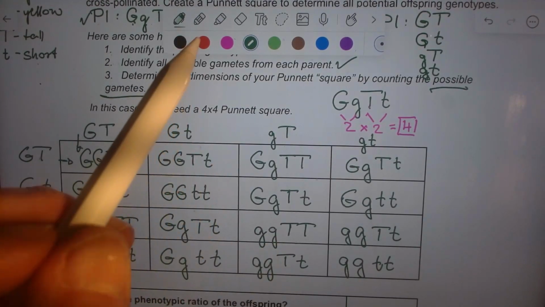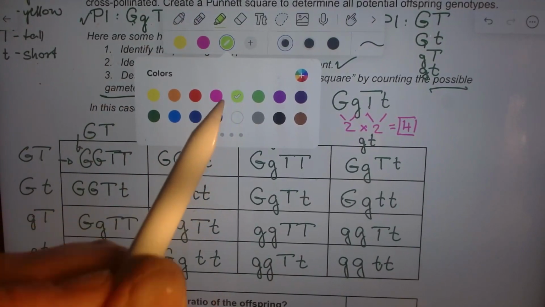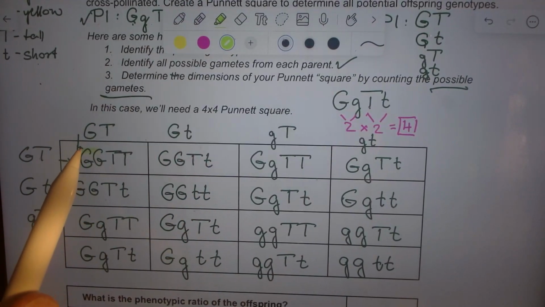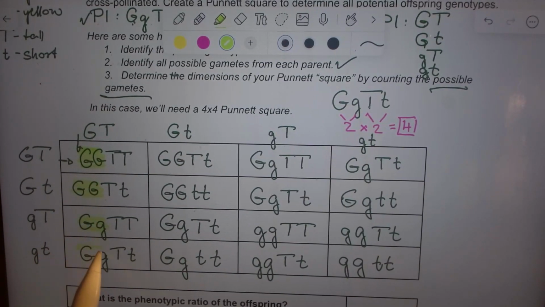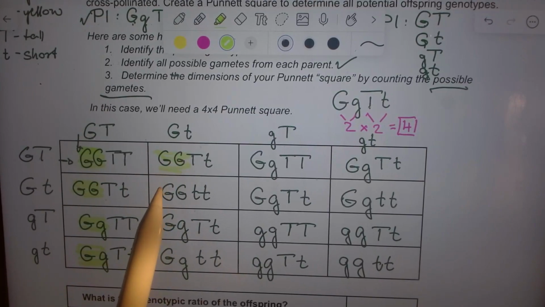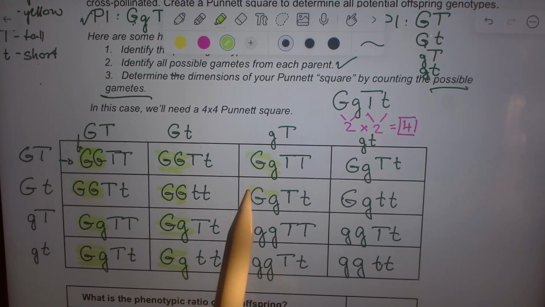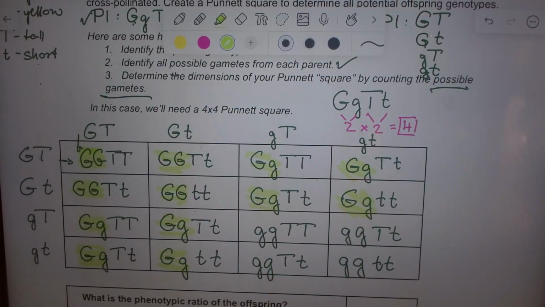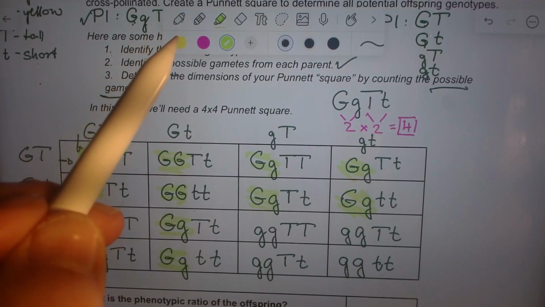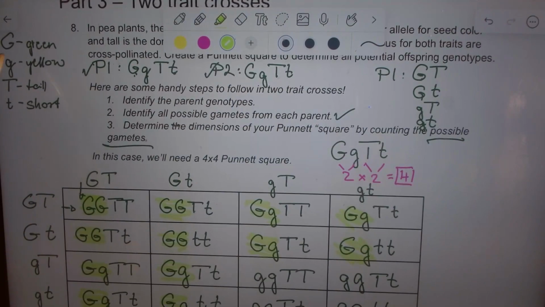Let's just use highlights for green ones. This is going to be green, green, green, green, green, green, green, green. These are all going to be green in color.